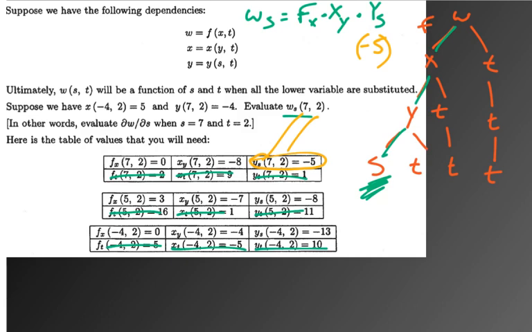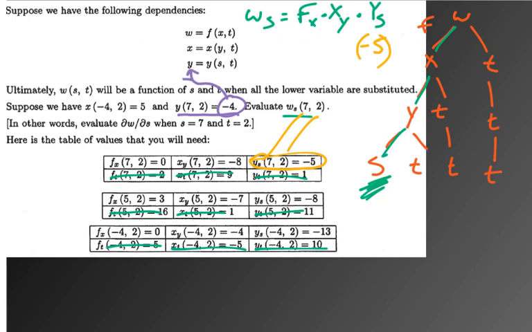And then I'm basically going to work backwards some more here. To keep going backwards, we know if you plug in 7, 2 to y, you get -4. So this right here is that y, right?